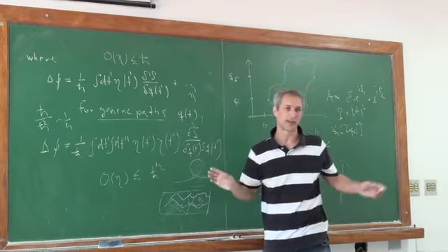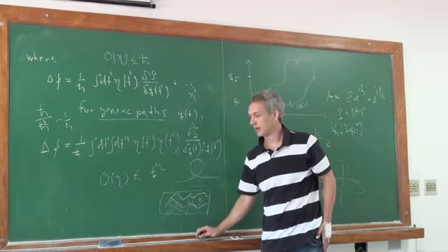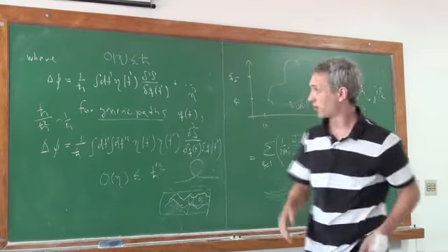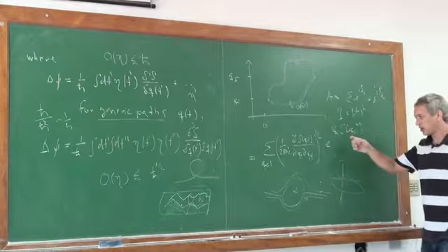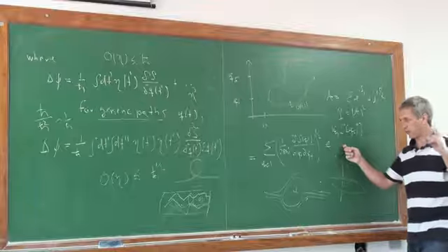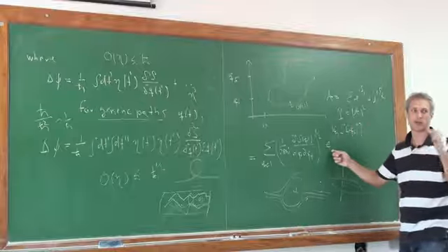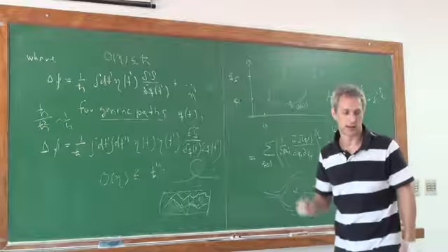We'll discuss this in the exercise. And this is just the semi-classical approximation, and the one thing that I already said, if you have a quadratic problem, this is always exact.